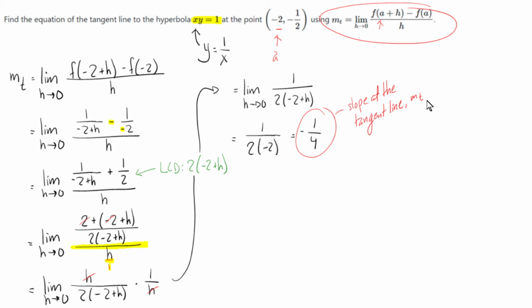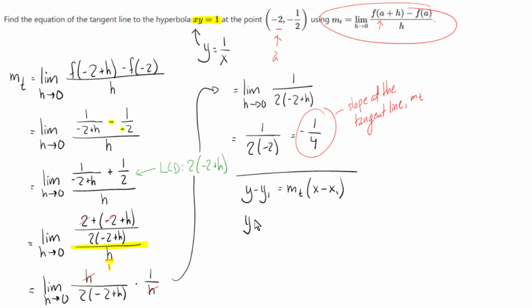Now that we have the slope of the tangent and the x and y coordinates of a point, we can write the equation of the tangent line using the slope point form: y minus y1 equals the slope of the tangent line times x minus x1.